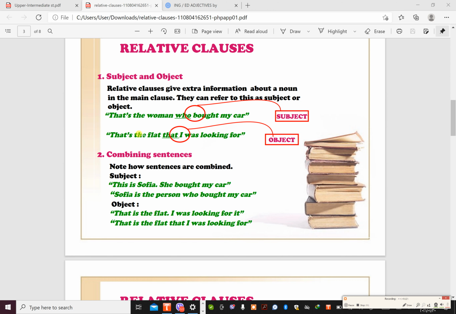But if the relative clause is an object، يعني تكون كأنما موقعها مفعول به بالجملة. مثلا that's the flat, the flat is like the departments اللي هي الشقة، okay.